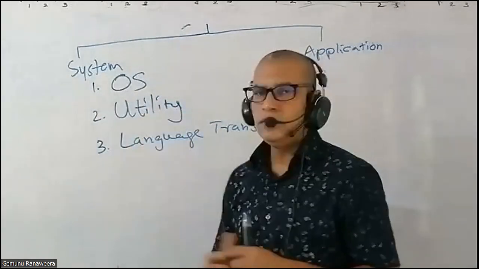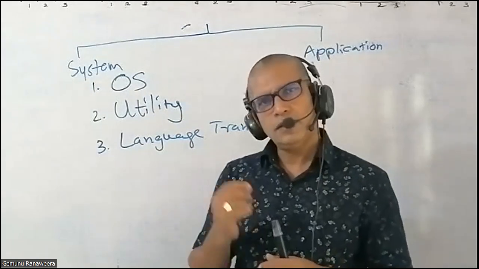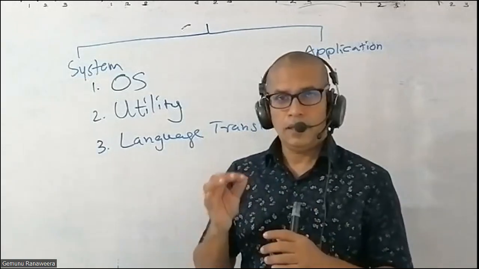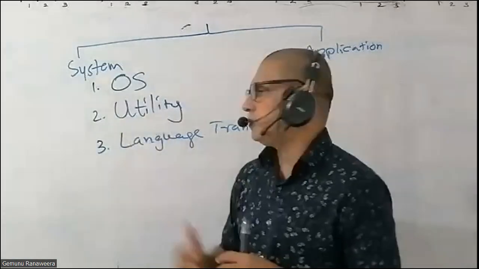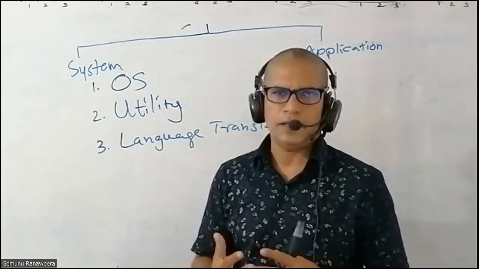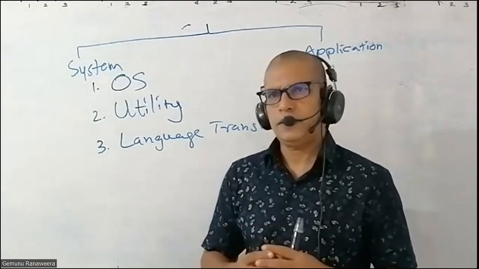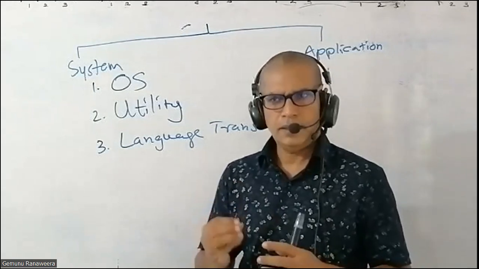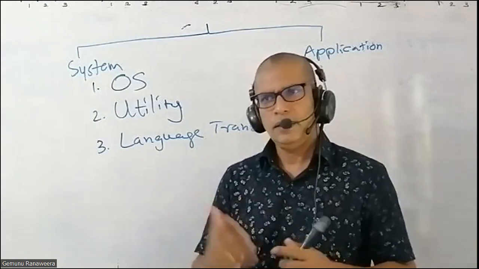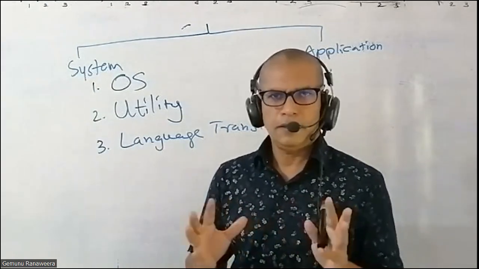Then the utility software or the utility programs. The utility programs are used to run the computer smoothly. One popular example of a utility software is antivirus software. We really do not need the antivirus software to run the computer, but in case of a virus attack, we may not be able to run the computer smoothly and we have to face a lot of different kinds of troubles.